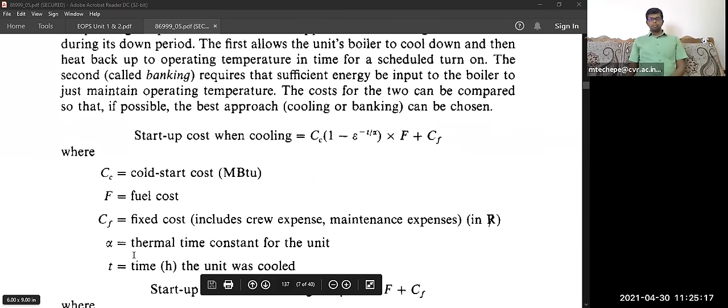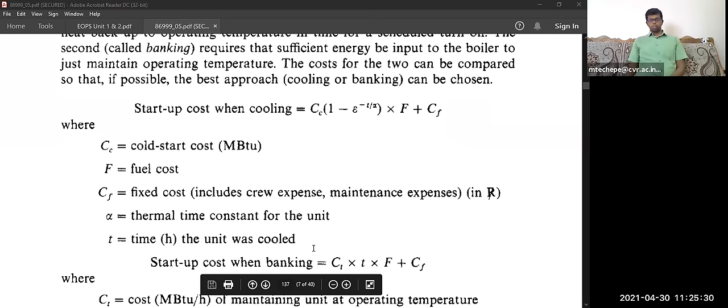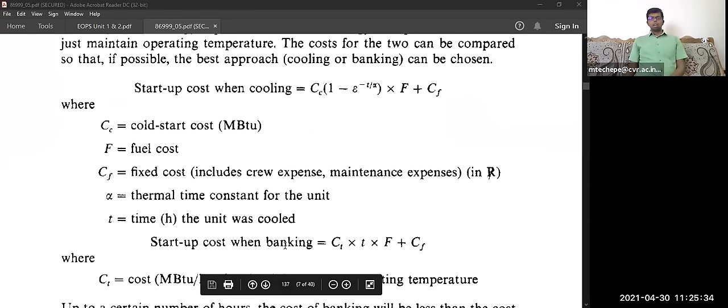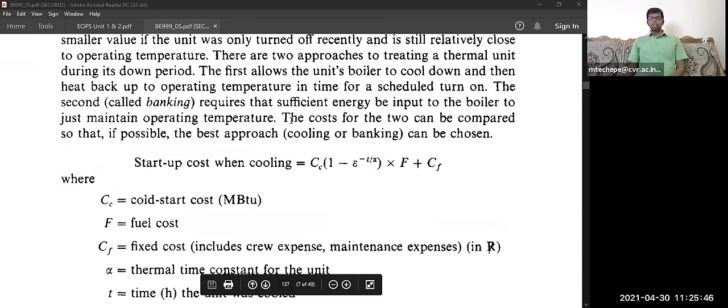Next is alpha, that is t divided by alpha. Alpha is nothing but the thermal time constant for that particular unit. t is the time that the unit was cooled. So there is startup cost while cooling, and there is startup cost while banking. There is a difference between cooling and banking.